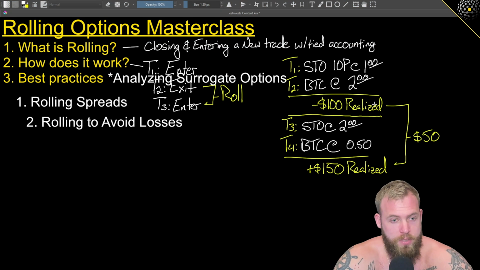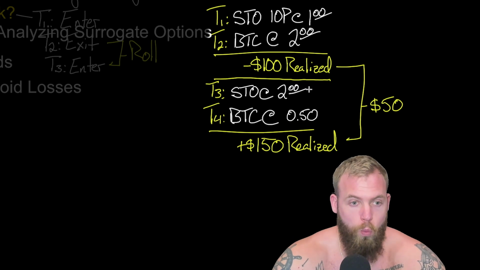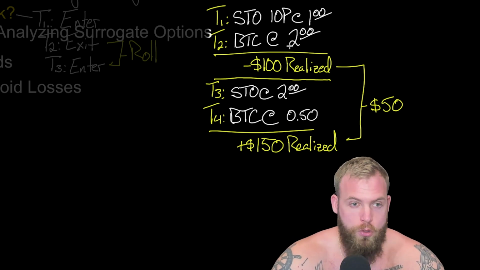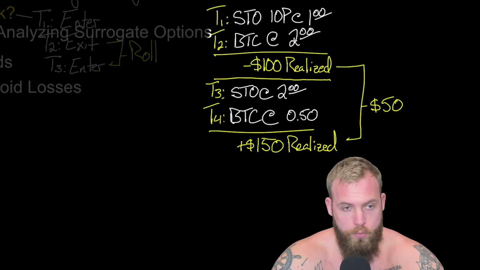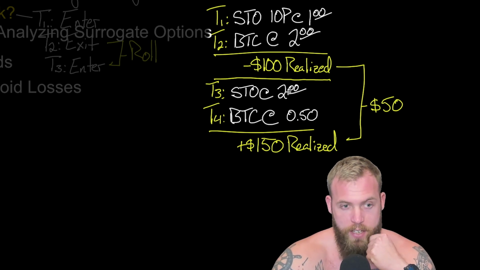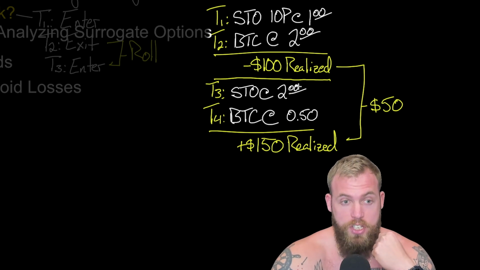Now, on that same topic, if you rolled this option, do you know how to calculate what your break-even price is on this option? If not, it's pretty simple. So if we closed this trade, $2, $100 realized loss, you sell to open this new option at $2. How much money do you need to make in order to get back to zero on this realized loss? $100.